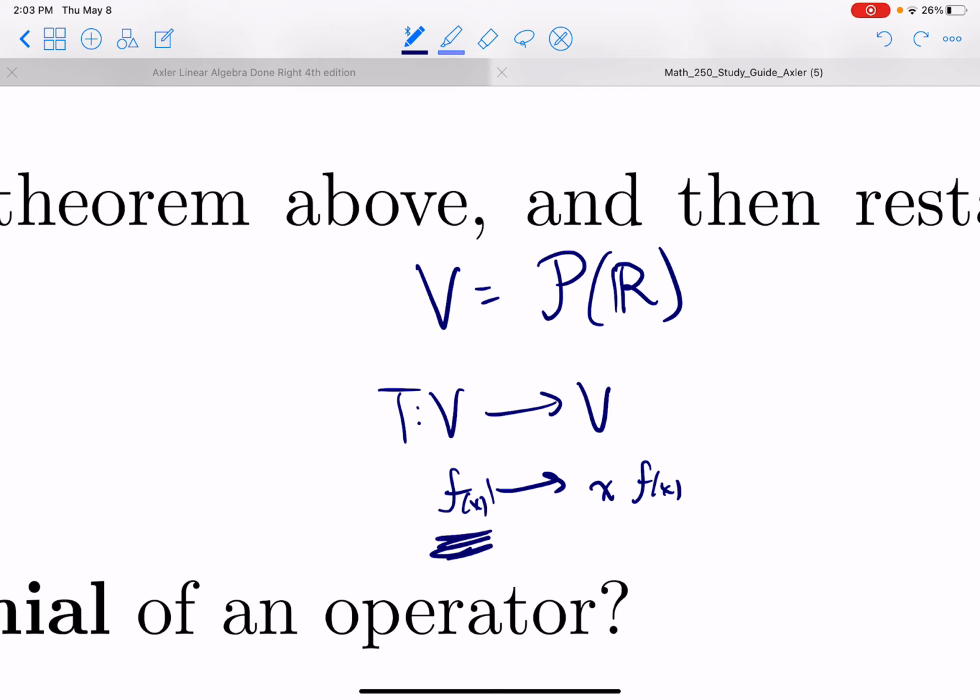If you had some polynomial that when you multiply it by x is equal to lambda times the original polynomial, that is a contradiction, because x times f of x would have degree 1 more than f. But if you just scale f by 5 or 17 or 1 plus i, the degree doesn't go up.